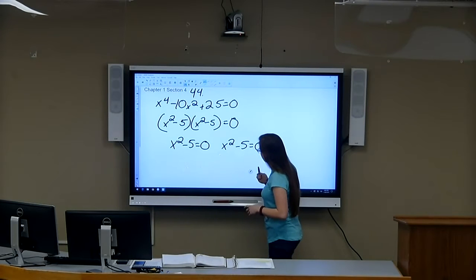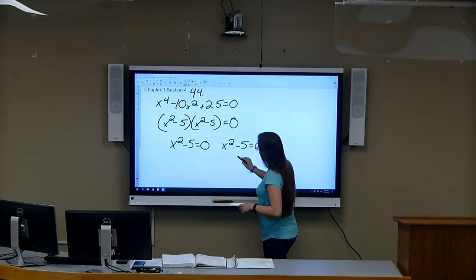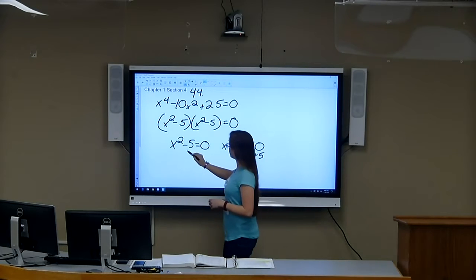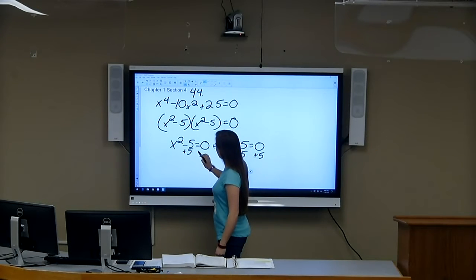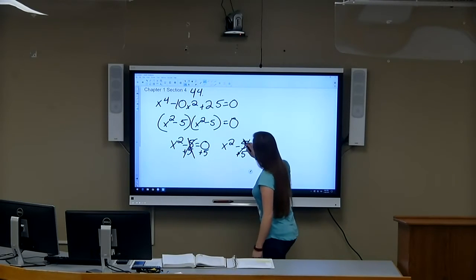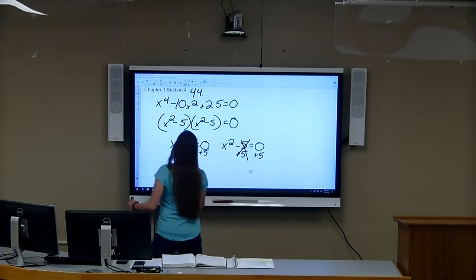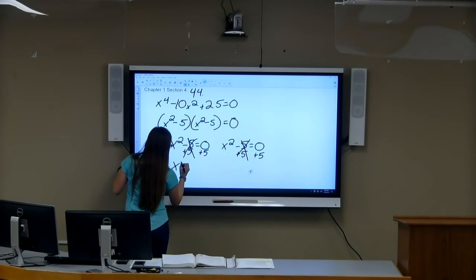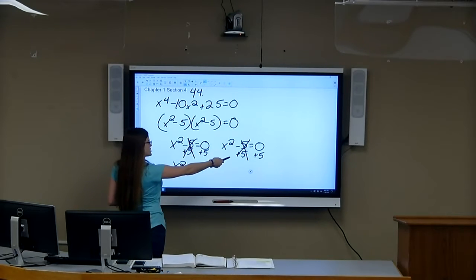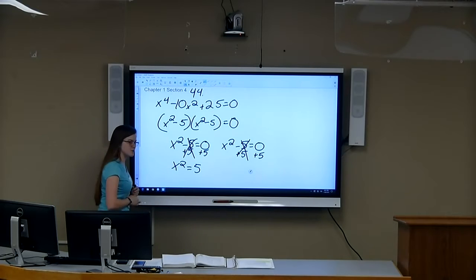Now when you solve these two, you'll add 5 to both sides, which will cancel these out. And that will leave you with x squared equals 5. I'm not going to continue on with this one because this is where it leads you as well.